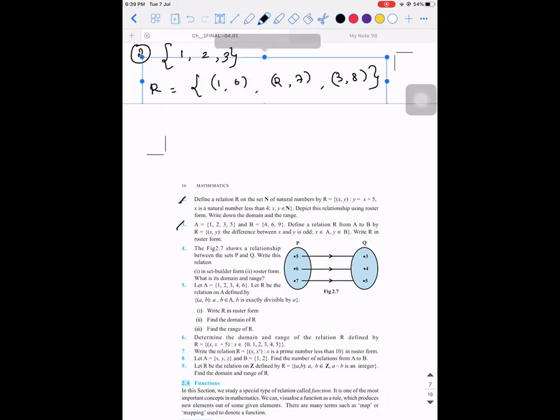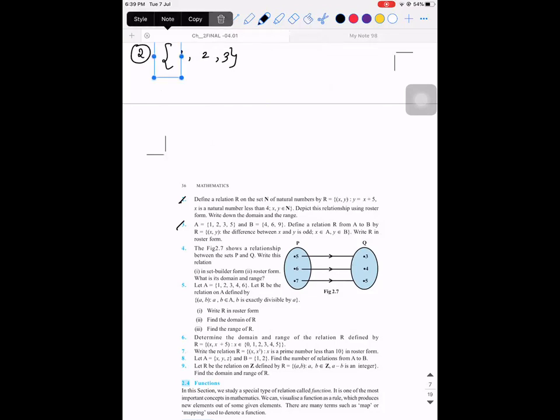So how to proceed? A is equal to {1, 2, 3, 5}, B is {4, 6, 9}. Define the relation R from A to B. So how do I write, guys? R is equal to {(x, y)}. What are the values I can choose? Choose such that the difference is odd.